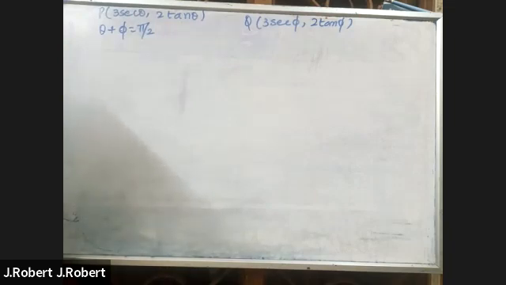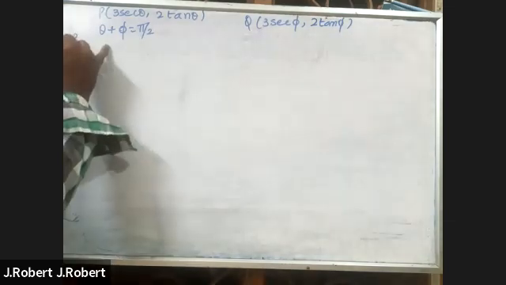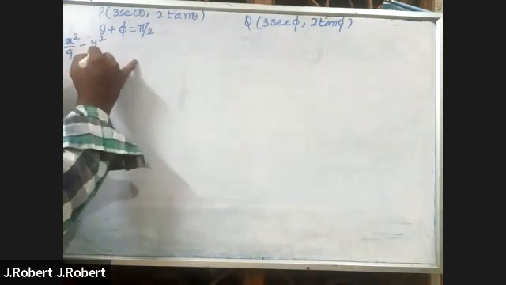Let P and Q be two distinct points on the hyperbola x square by 9 minus y square by 4 equals 1.